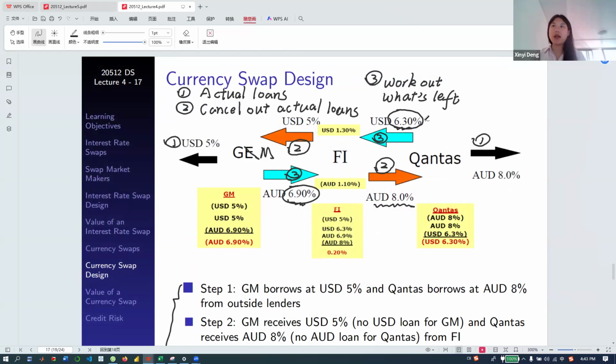So for these two blue arrows, the third step, just like what we did with the interest rate swap, you basically use the rate without the swap directly minus the net gain after the commission for each party. So that's how you get those two rates.